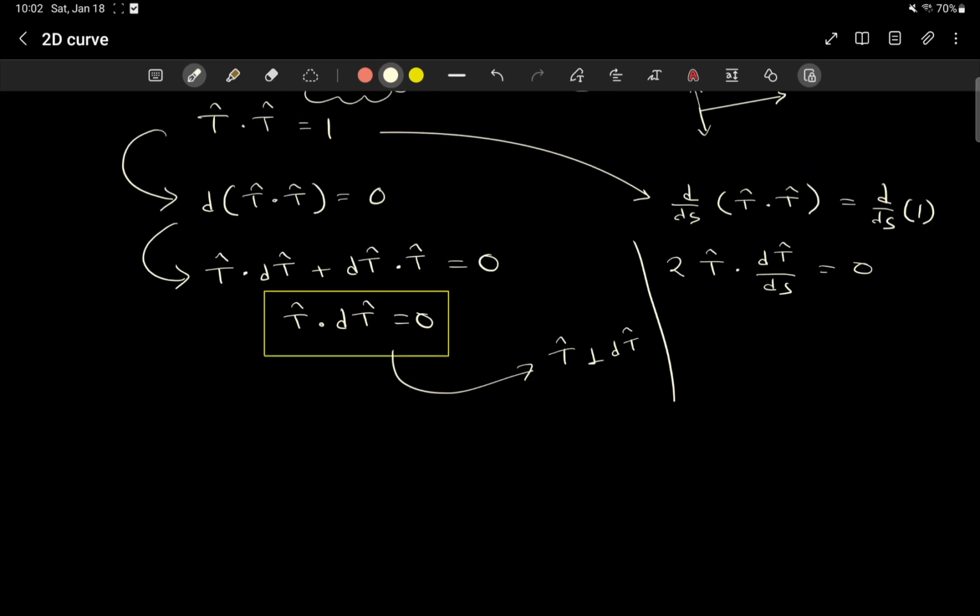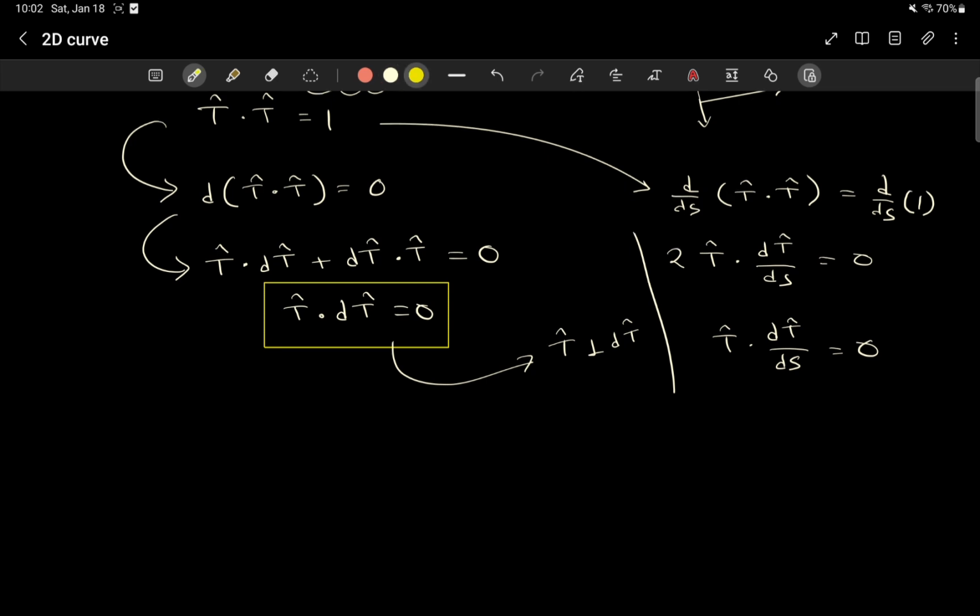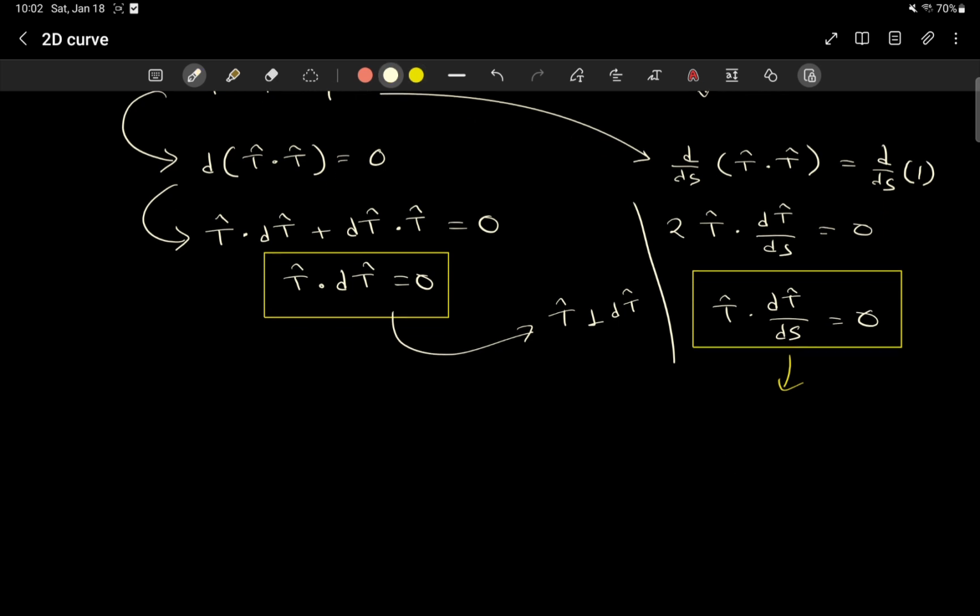So you will find that t dot dt ds is equal to 0. So this time the vector t and dt ds are perpendicular to each other, and we will define dt ds to be kappa n, and this n will be the principal normal vector.